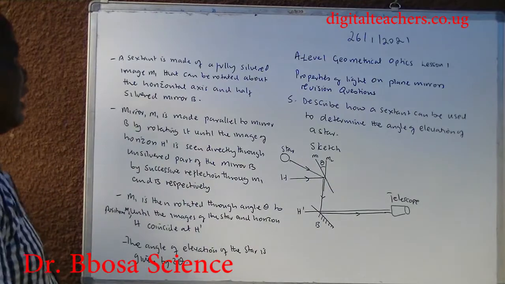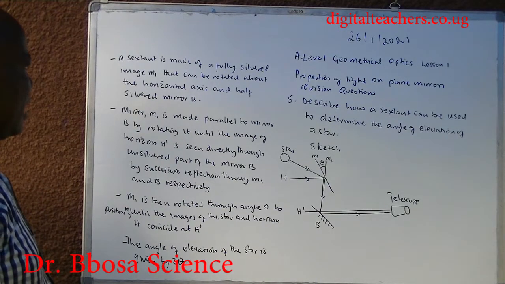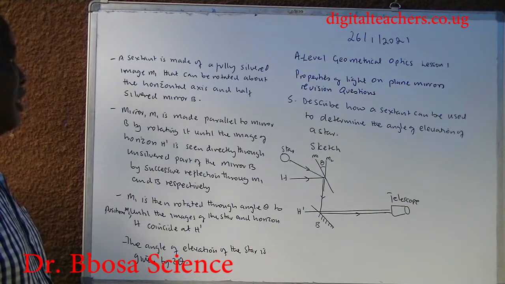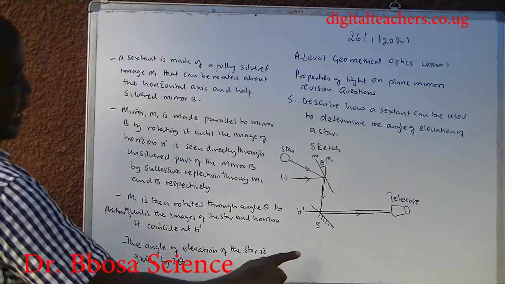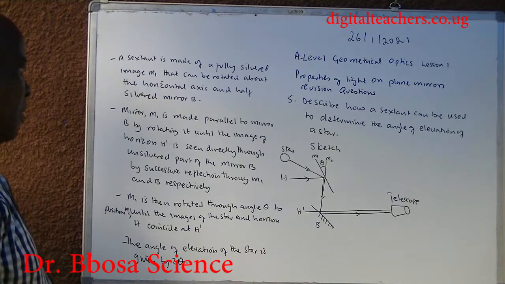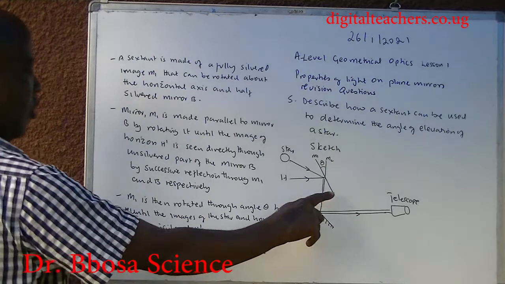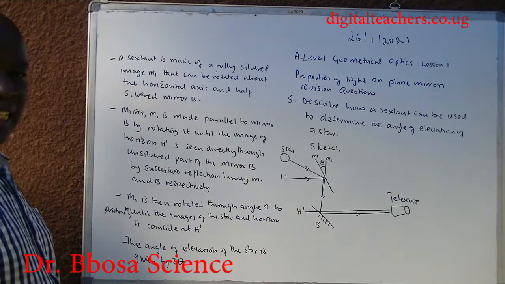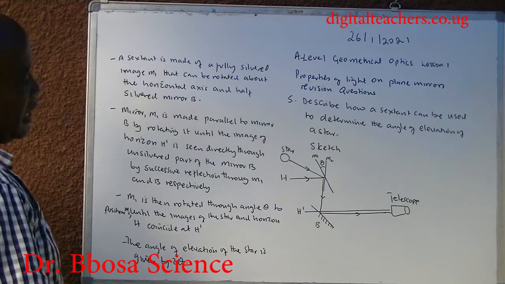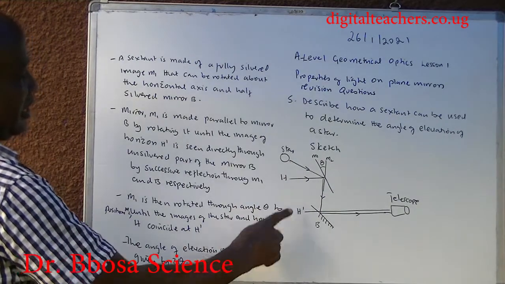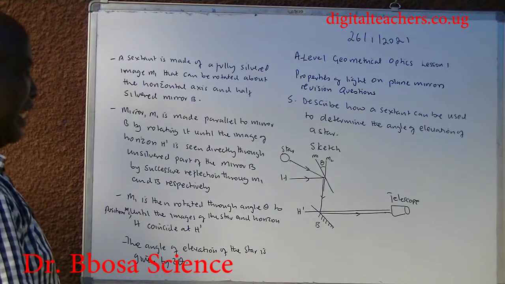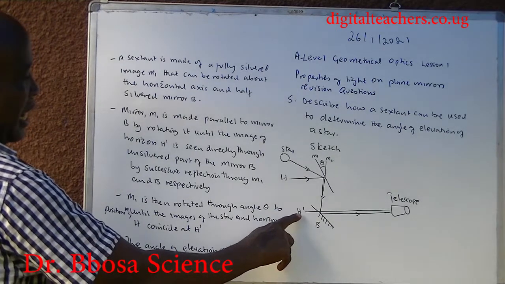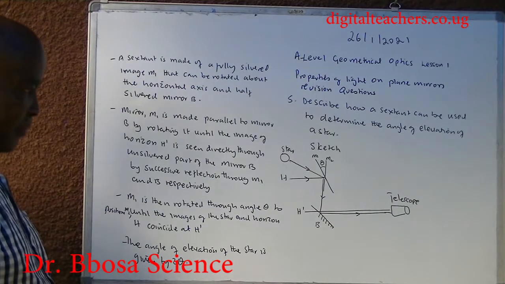A sextant is made of a fully silvered mirror M1 that can be rotated about the horizontal axis, and half silvered mirror B. Mirror M1 is made parallel to mirror B by rotating it until the image of the horizon is seen directly through an unsilvered part of mirror B at H dash.